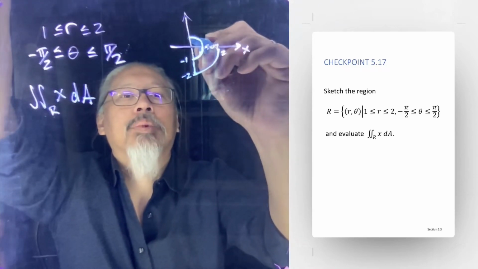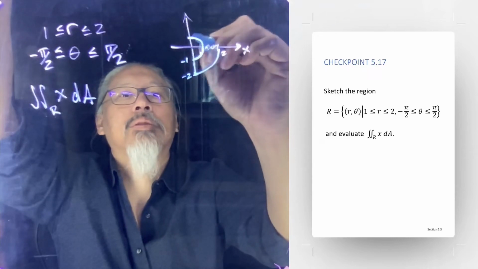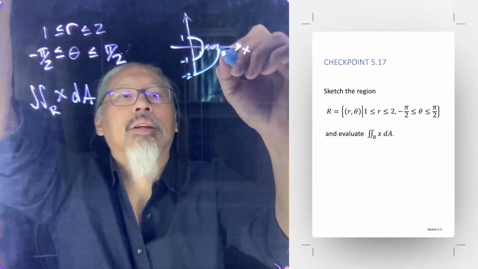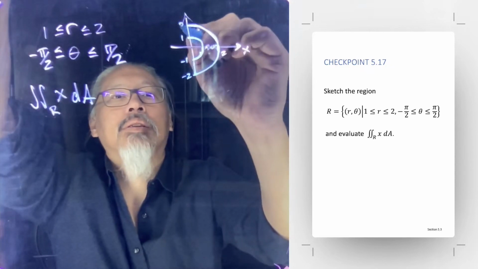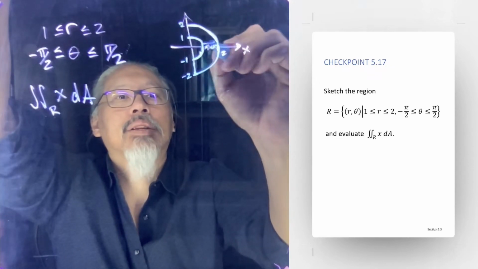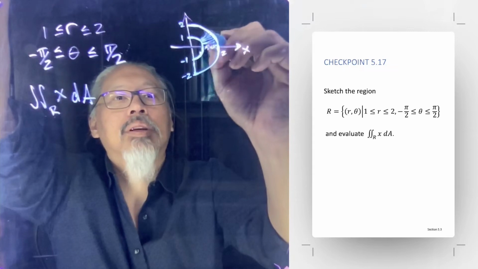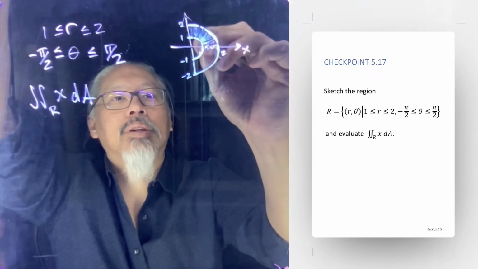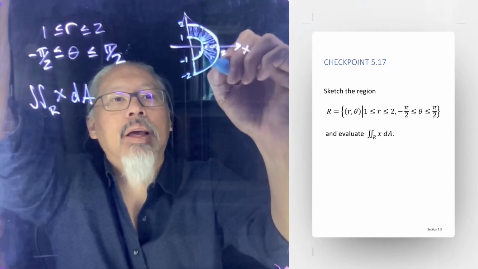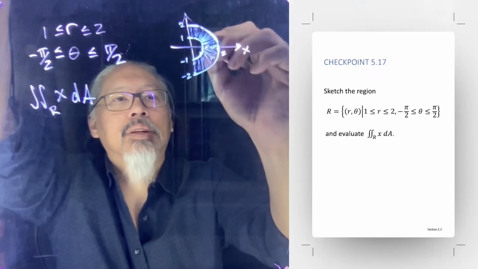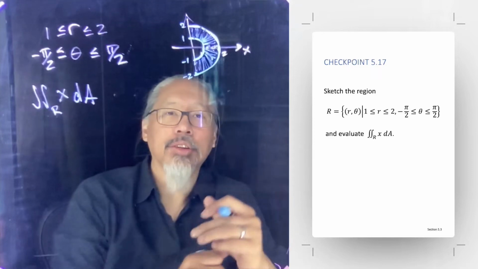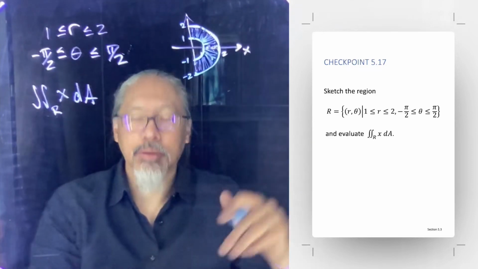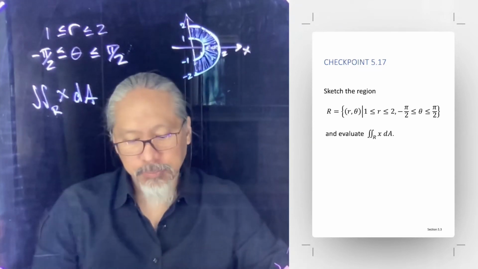Likewise, we move up to pi over 2 positive. The r length that we are moving around the angle gives us this region. It looks like half of a washer, the half that's going towards the positive x-axis.